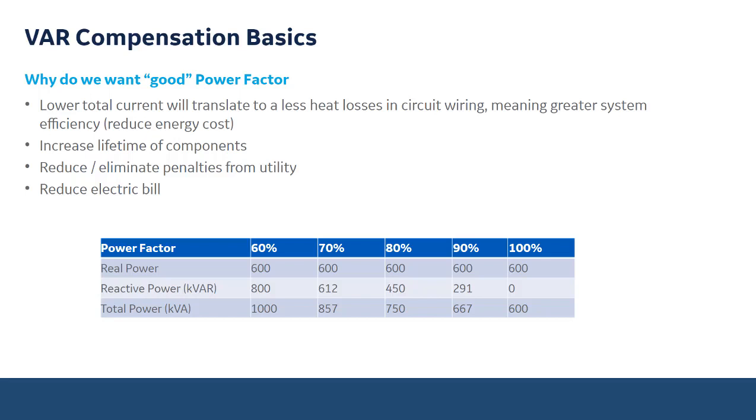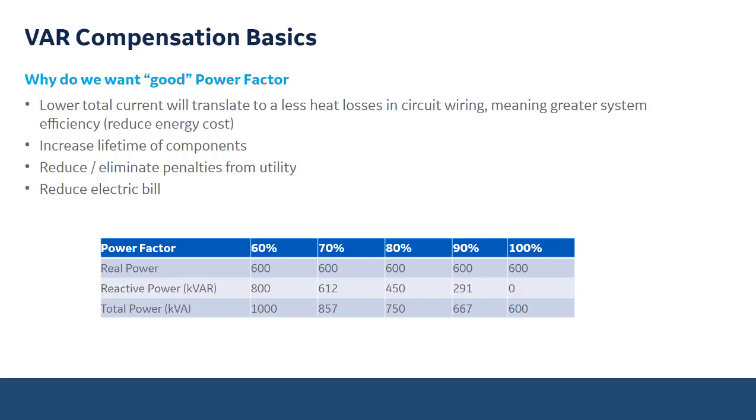You're going to eliminate the penalties from the utility. Utilities will apply penalties for a low power factor. Once you implement that capacitor bank, you're going to increase your power factor and you won't have these penalties. And then obviously there's the reduction of your electric bill.